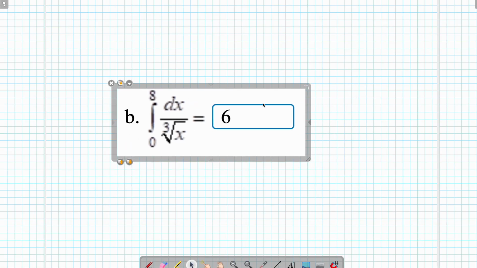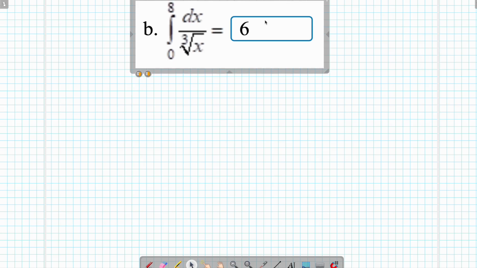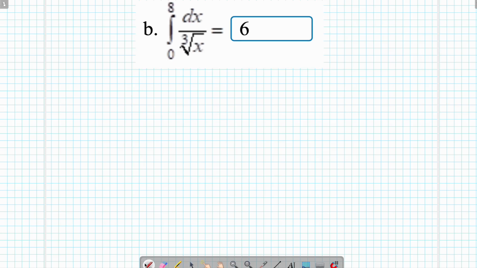Let's shrink it a bit. Okay, so limit as c goes to 0 plus, sorry, integral from c to 8, x to the negative 1 over 3.